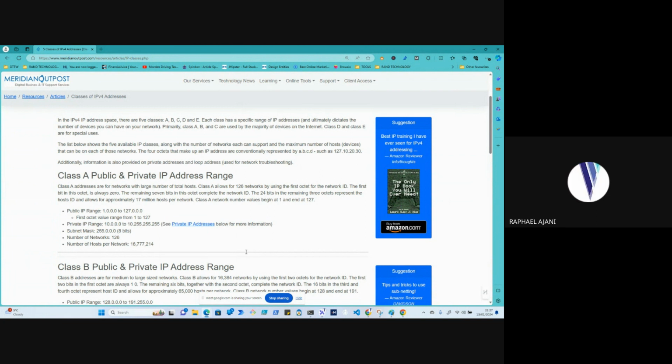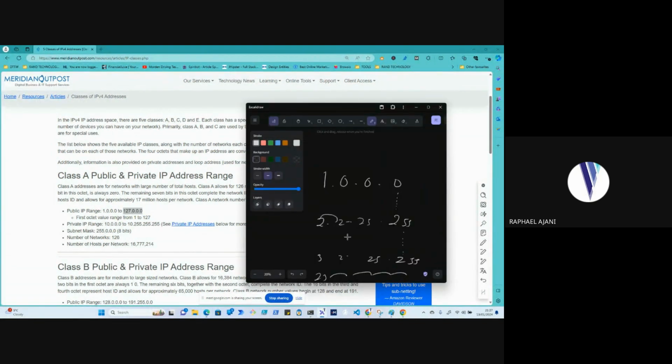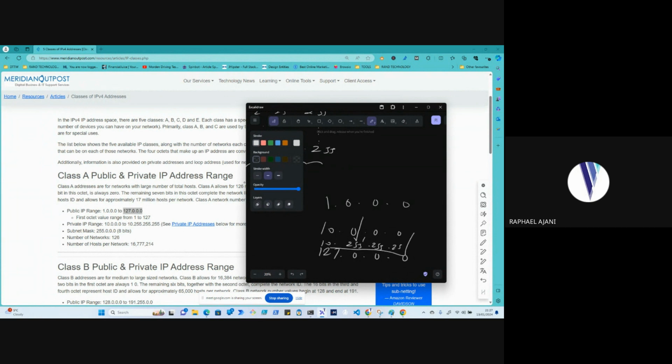So this 10.0.0.0 is a range between this number, because if you look at this number, 1.0.0.0 up to 127.0.0.0, the 10.0.0.0 up to 10.255.255.255 is embedded between that overall range of this one.